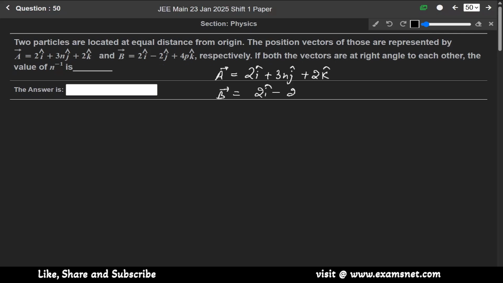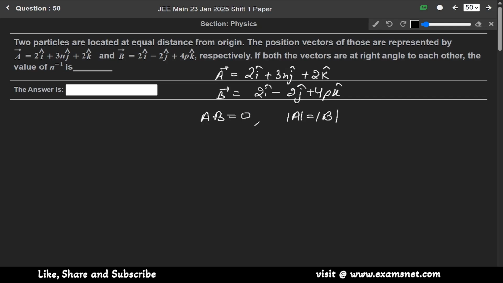So if both the vectors are at right angle to each other, then we have to find the value of n inverse. Since both the vectors are at right angle to each other, it means that the dot product of A and B will be equal to 0, and modulus of A will be equal to modulus of B.